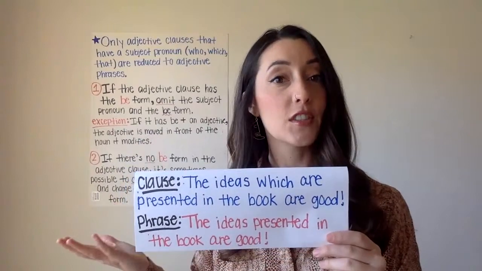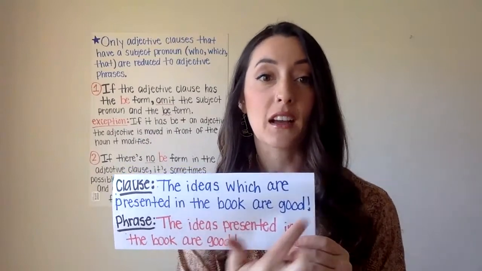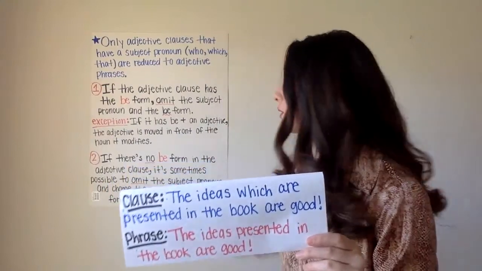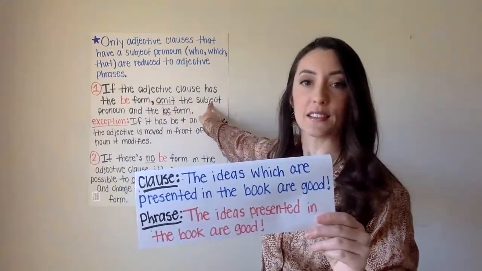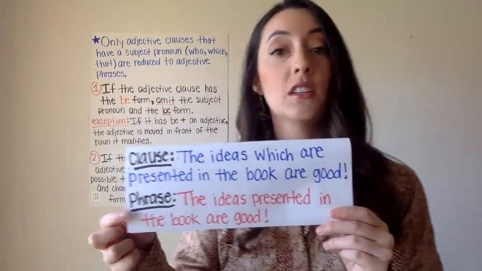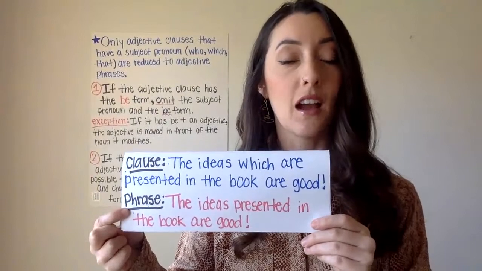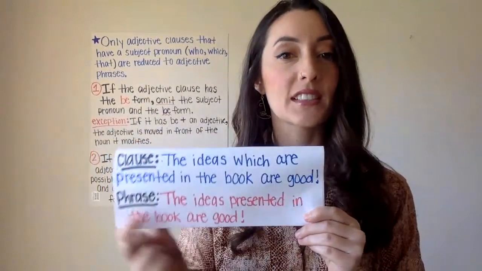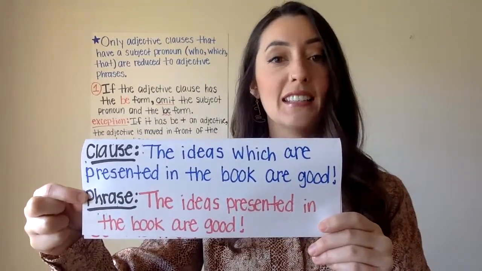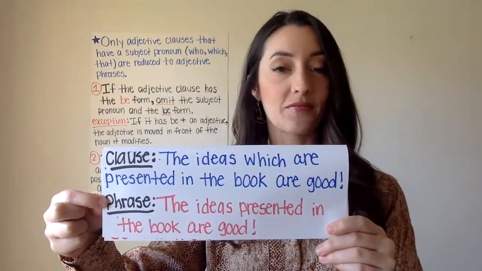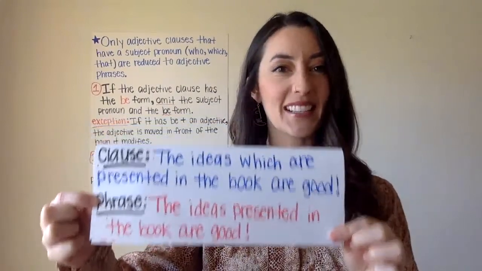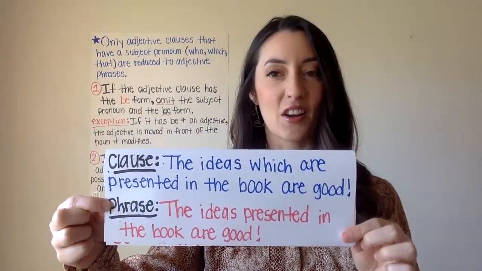So what do we have to do to make this a phrase because it has a form of the verb be? We need to omit or delete the subject pronoun and the verb form of be. So our adjective phrase becomes, the ideas presented in the book are good. The ideas presented in the book are good. All we did was take away which are, and it means the same exact thing. All right?